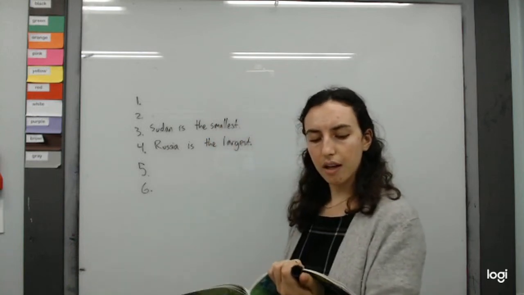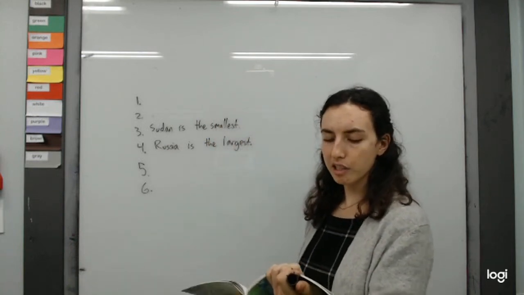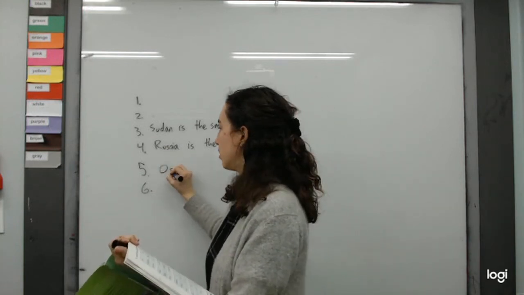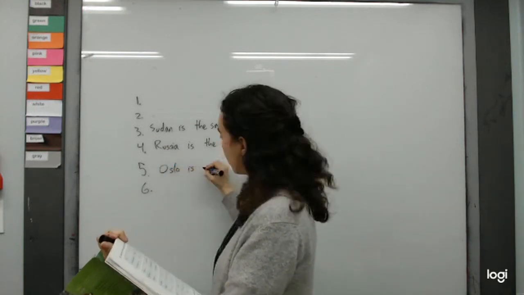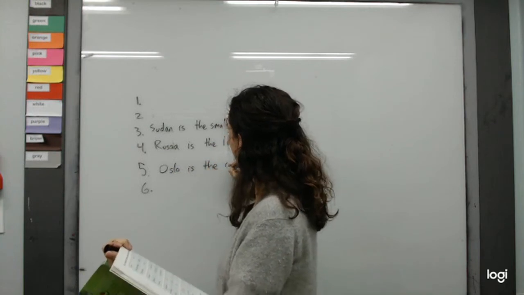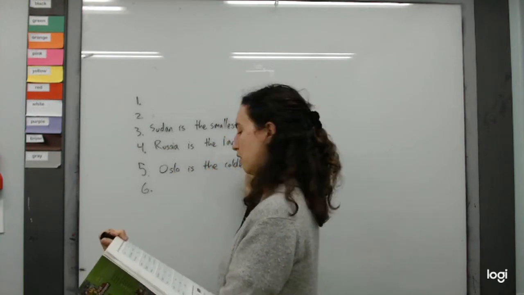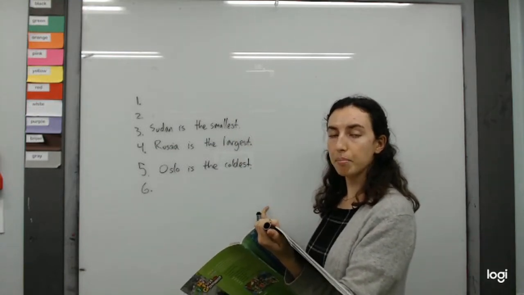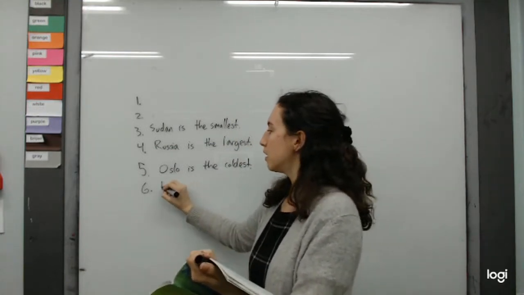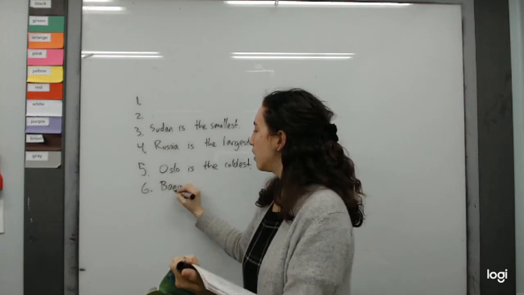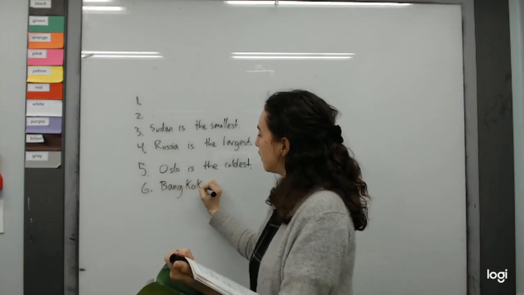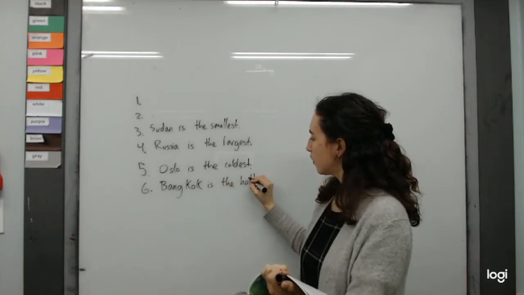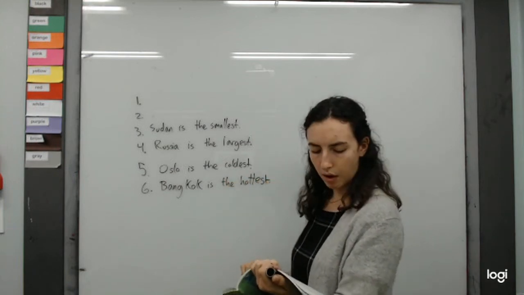Okay. Now, number five, which city is the coldest? Oslo is the coldest. Which city is the hottest? We know that Bangkok is the hottest. Okay.